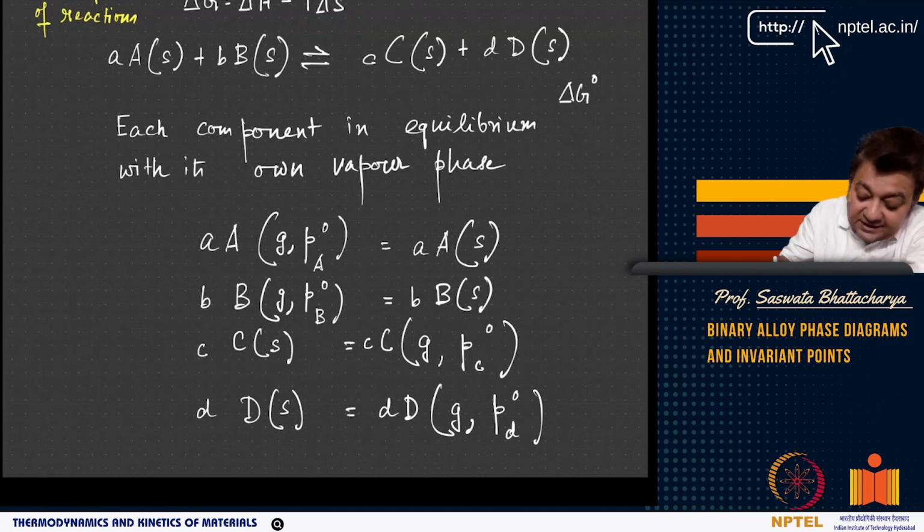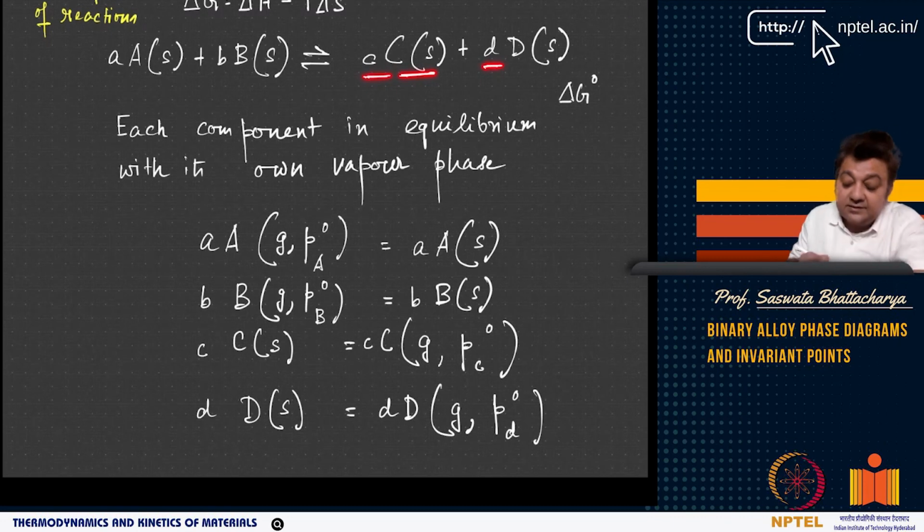We are considering a reaction where small a moles of A solid react with small b moles of B solid to give small c moles of C solid and small d moles of D solid, right? So lowercase a, b, c and d represent the stoichiometry, the balance of the amounts, right?